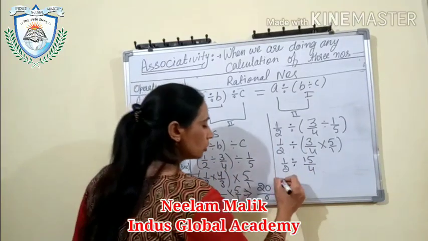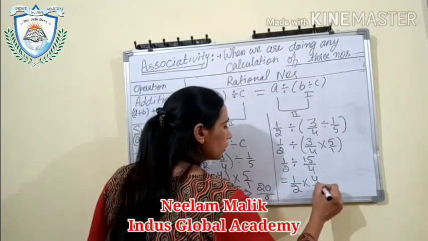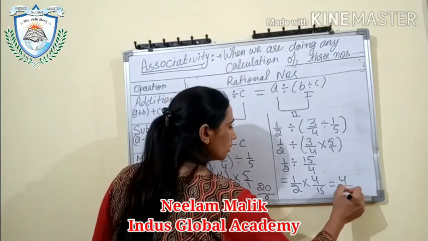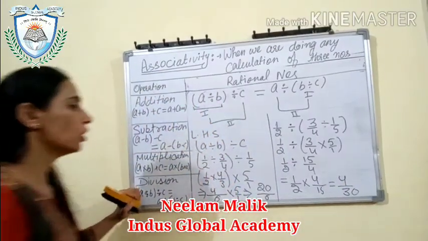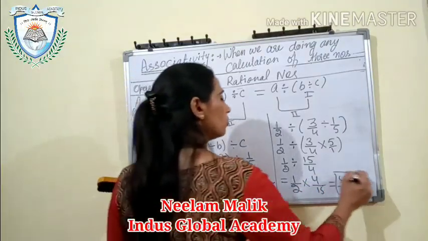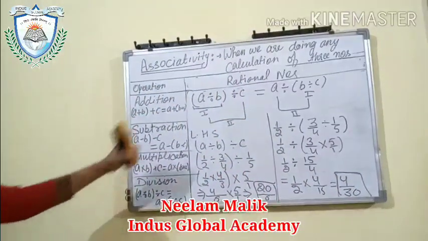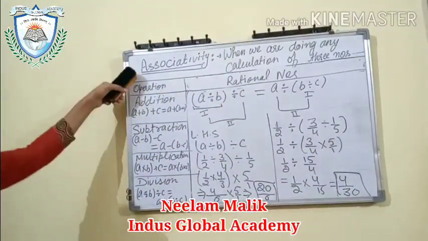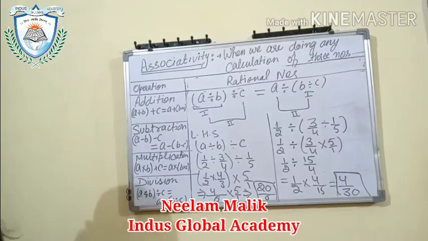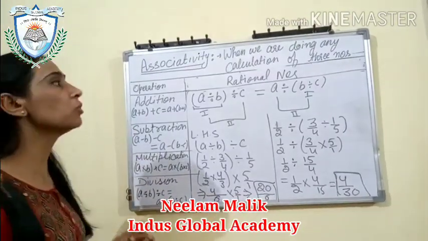Yes, so it will be 1 upon 2 reverse second one, 4 upon 15. So what is your answer? 4 upon 30. Yes. So in division you will not get the same answer on both the sides. That will be different. So we will say rational numbers are not associative under division. Okay. Next we will do distributive law.